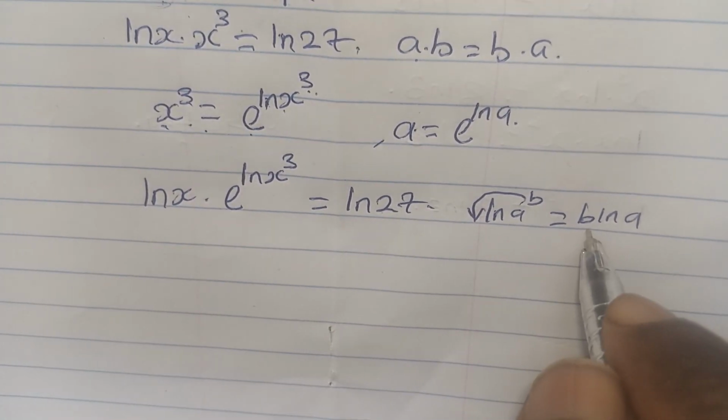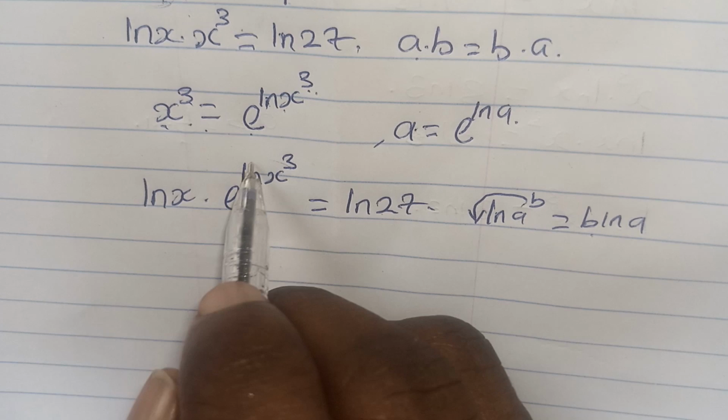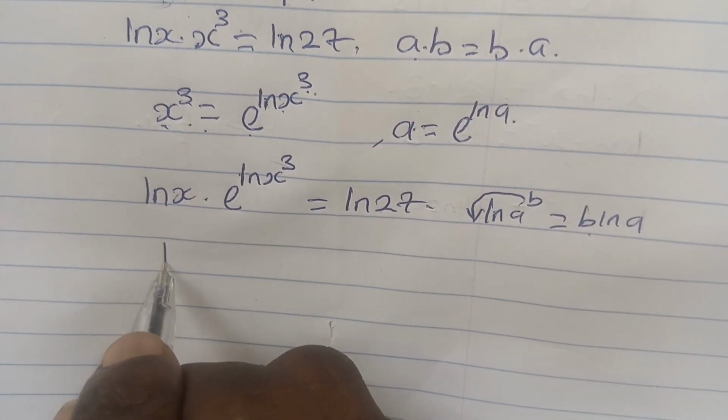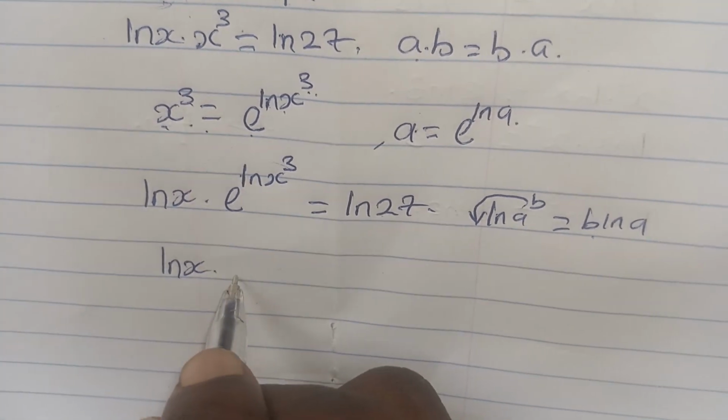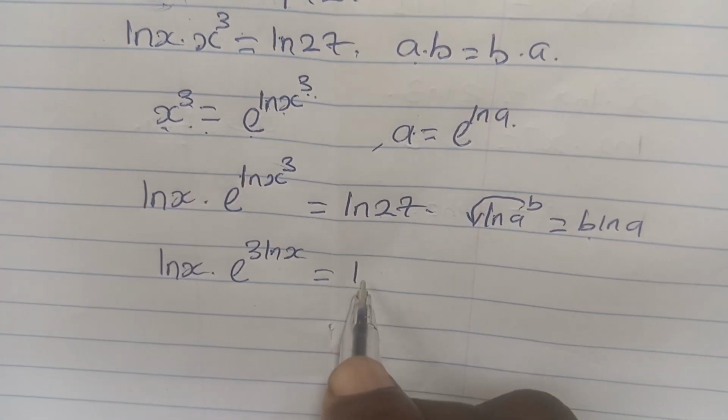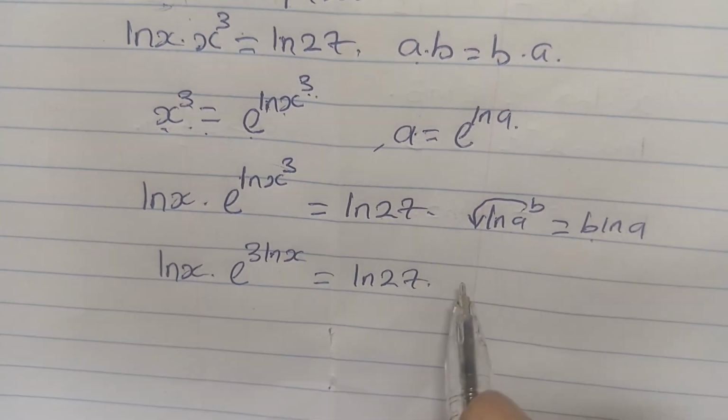If we put this principle at this point, this 3 will be coming to the front. So we simply have ln x times exponent 3 ln x is equal to ln 27.